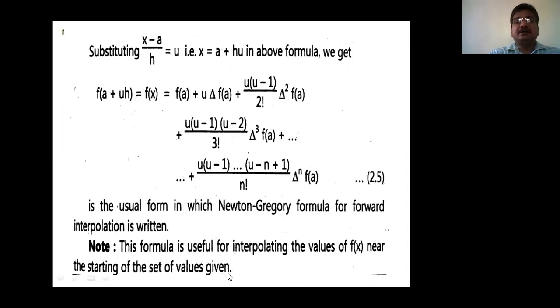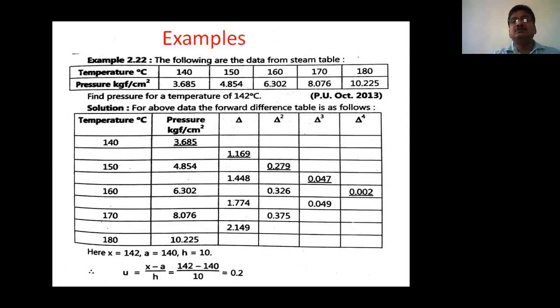Similarly, Newton's backward interpolation formula is useful for interpolating near the end of the table. And also, these two formulas are used when the values of x are equidistant.